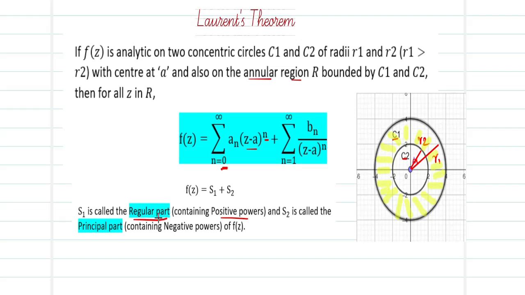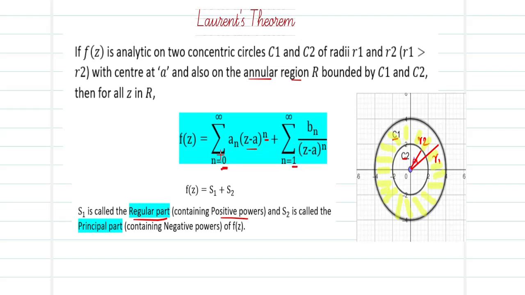What do we mean by a regular part? It is the part of the series that contains positive powers of f of z. Now notice the second part begins with n equal to 1, because we have a constant and then positive powers, and then negative powers.